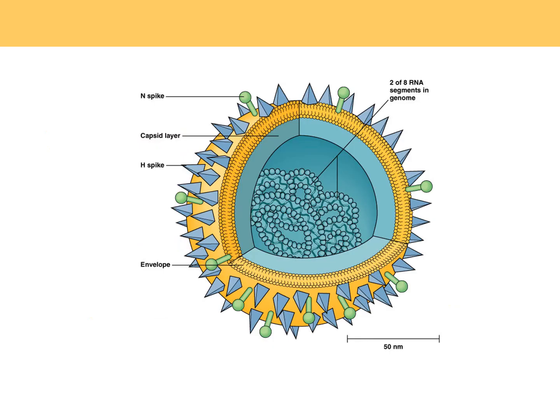Here's quite a nice figure showing the interior RNA nucleic acid inside the protein coat, the capsomere coat that's made up of capsids, and then external to that is the envelope, which is a phospholipid bilayer shown here all the way around.